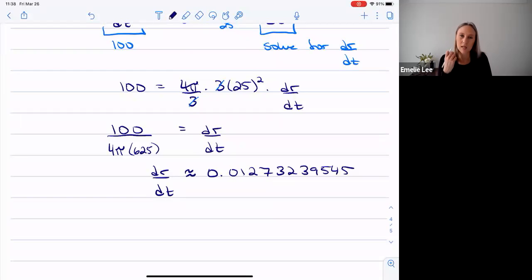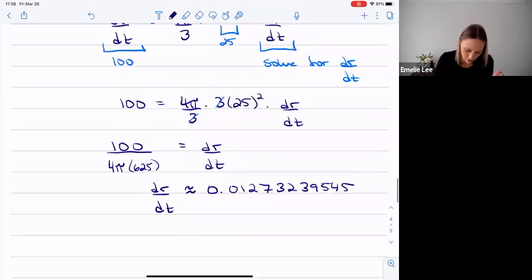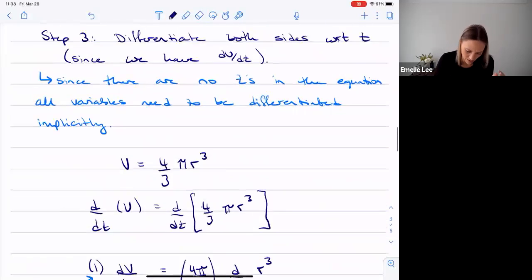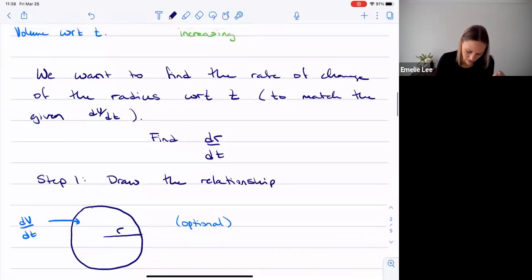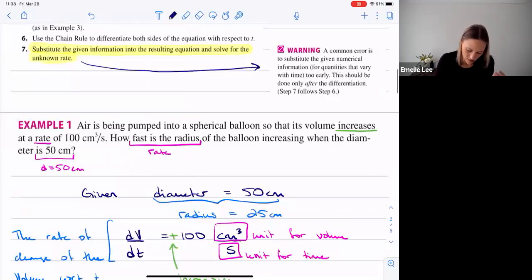So what are the units here? Well, the units for the radius is centimeters, right? Yeah. So the units for the radius is centimeters, and the units for time, just to match the dV/dt, seems to be in seconds.